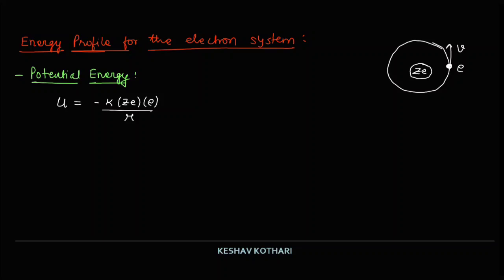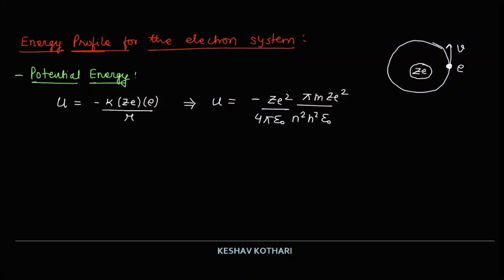If we calculate the value for potential energy, we can write U is equal to minus Ze square upon 4 pi epsilon naught r. And if I put the value for r over here, it is n square h square epsilon naught upon pi m Ze square.